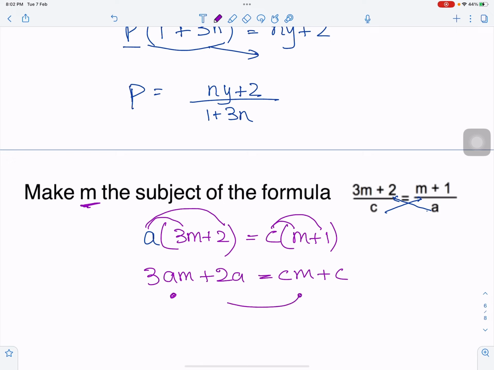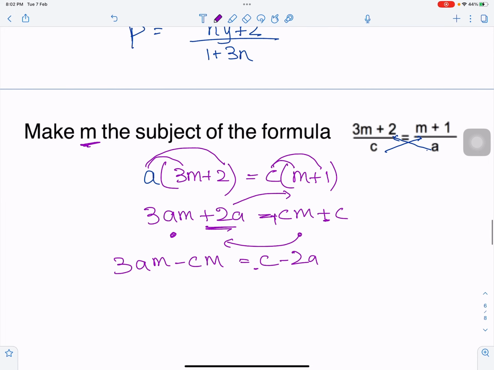So I'm bringing it to this side. It is at the moment plus sign. When it will come to the other side, it will become minus cm. This 2a I will take to this side. So c minus 2a. C has plus sign here, so I kept it same. But this plus 2a on the other side become minus 2a.